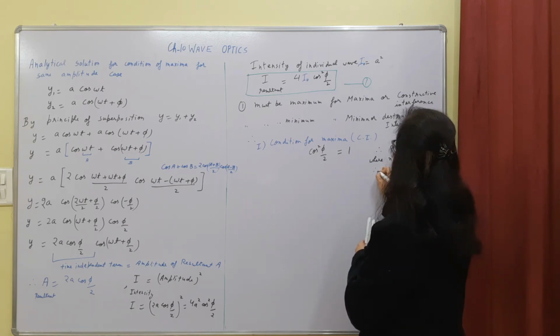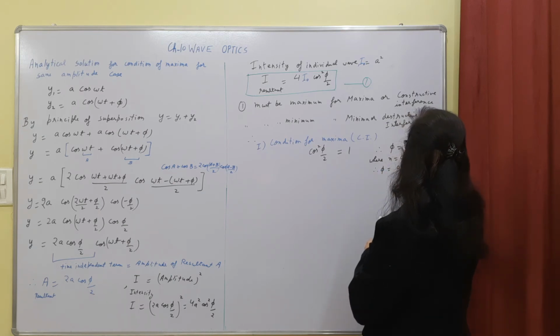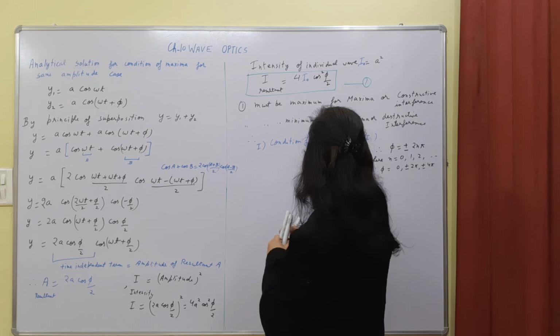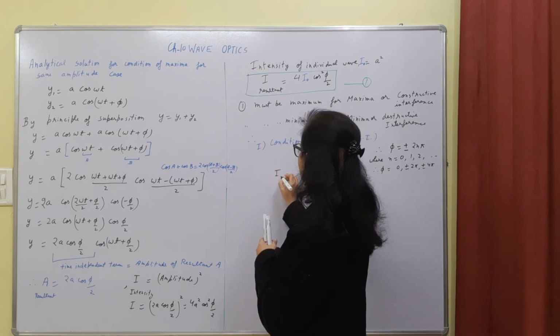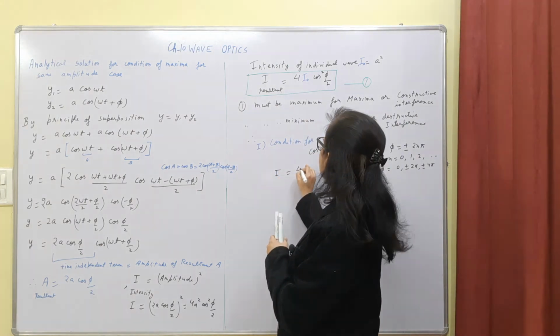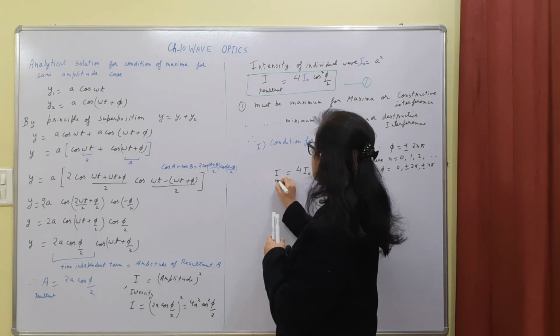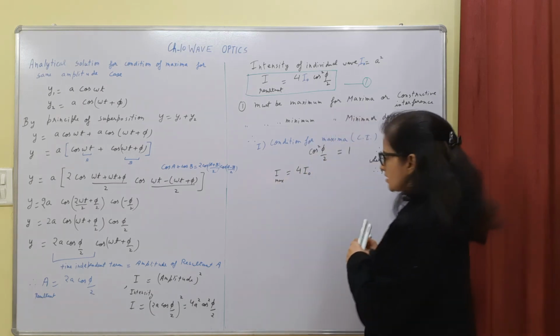So therefore, phi is equal to 0, plus minus 2 pi, plus minus 4 pi, etc. Right? And in that case, the intensity will be maximum, that is 4 I naught. This is the maximum intensity, right?